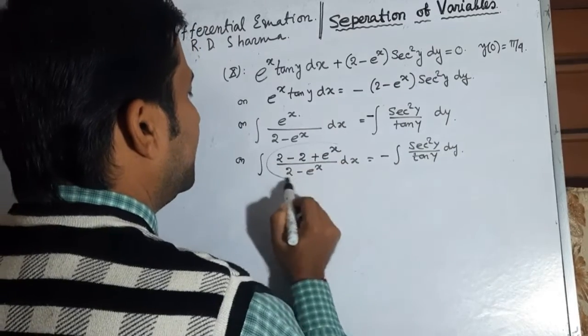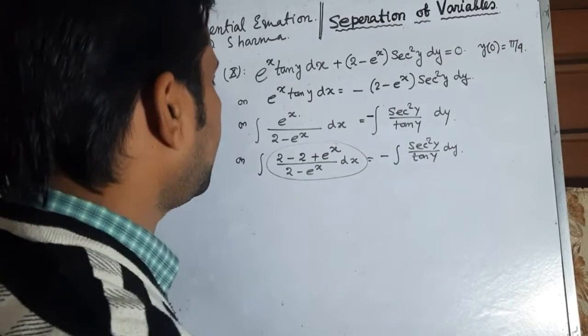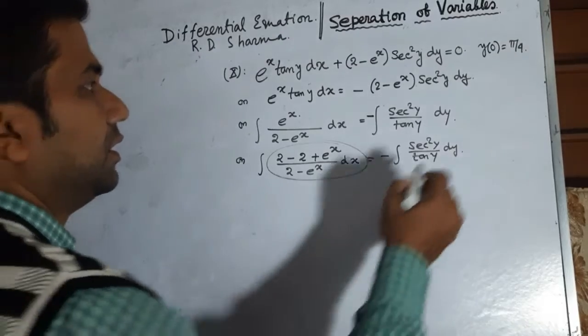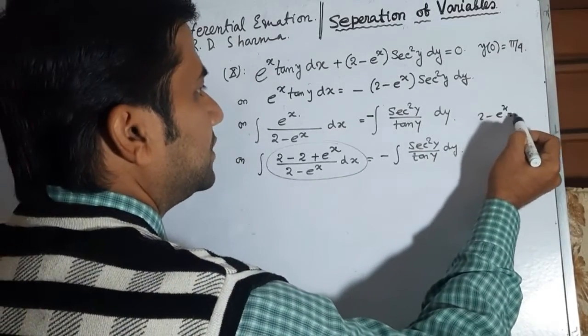This step is very important. You can do it in this way. 2 minus e to the power x is equal to z.